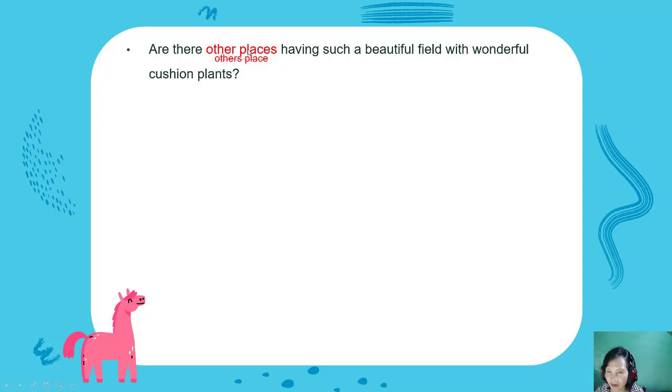If you have the noun here, other is an adjective, so what is in plural form is the noun. But if you want to have a pronoun, you have others. So the plural form is others. That's why this form is wrong. You cannot write others places, but this one, other places.